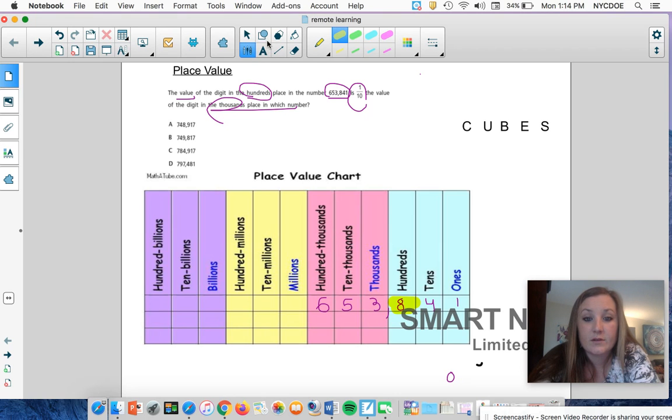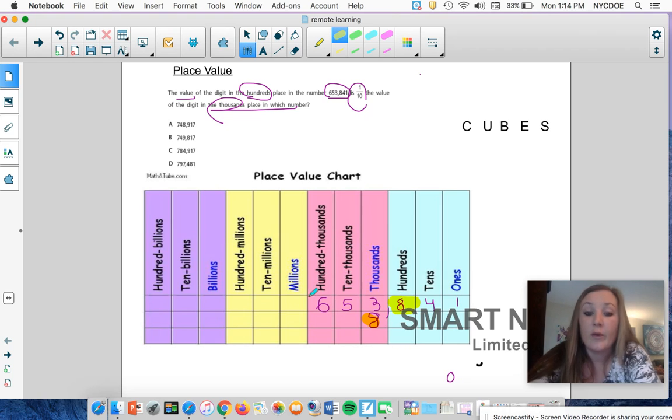So let me go back to my crayon. Okay, I'm going to write an 8 right here. Now, this strategy is going to help me identify each number because we know that in 653,841, my 8 is in the hundredths place.